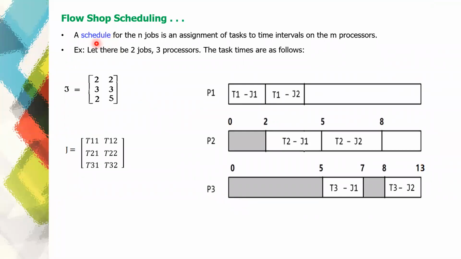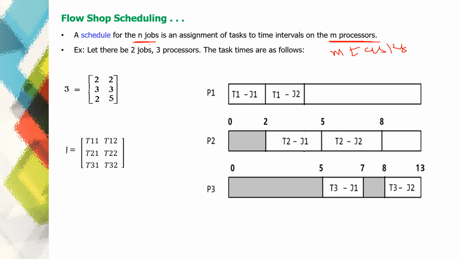Defining what a schedule is: a schedule for the n jobs is an assignment of tasks to time intervals on the m processors. That is, given n jobs and m processors, if processors are m, it is implicitly understood that the number of tasks is also equal to m.